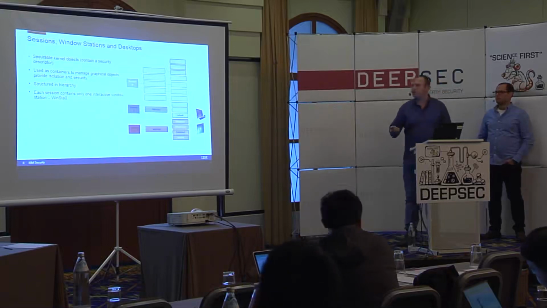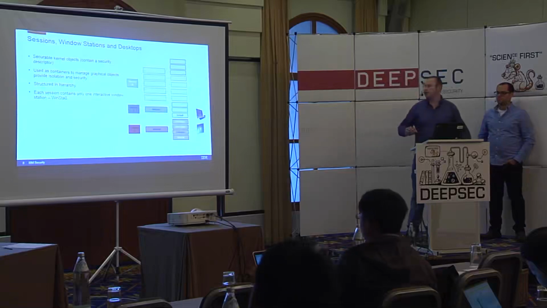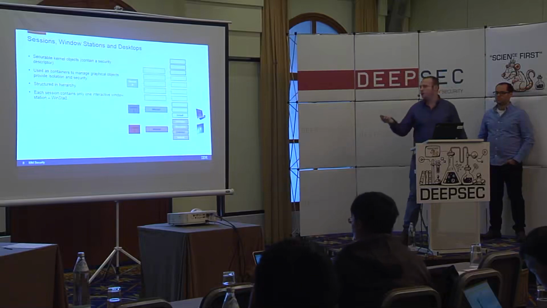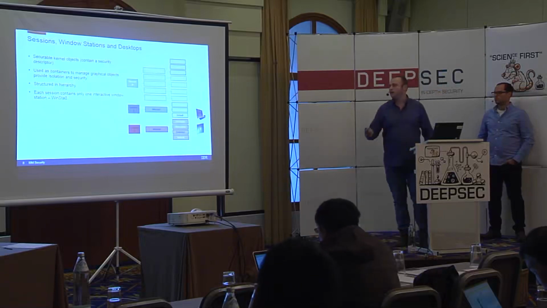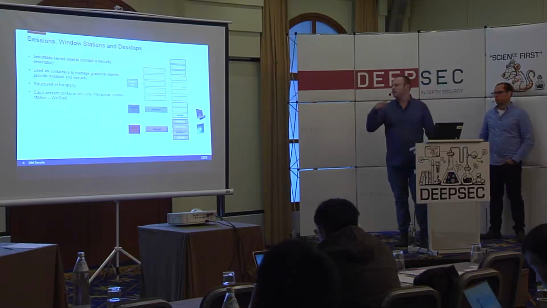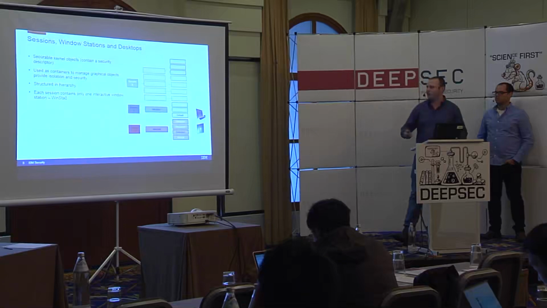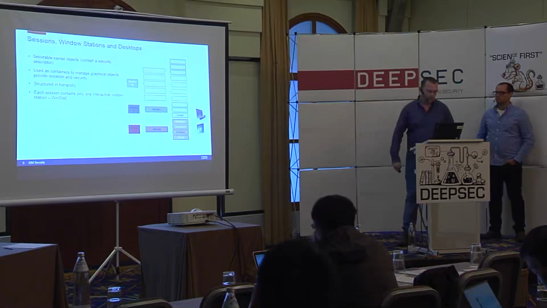So why do we need them in general? There are graphical objects on Windows that are running on your desktop: windows, menus, hooks, and things like that. They are not securable. Any process can access any window on your desktop and manipulate it. So you can use these objects as containers for these graphical objects in order to enforce security.